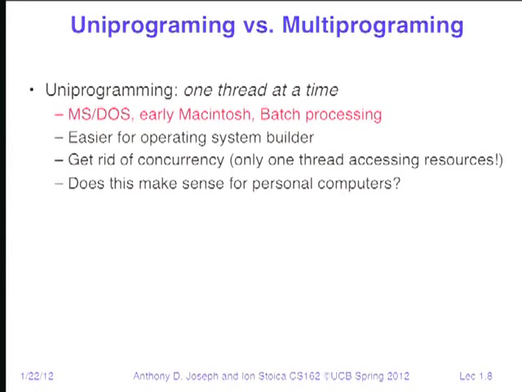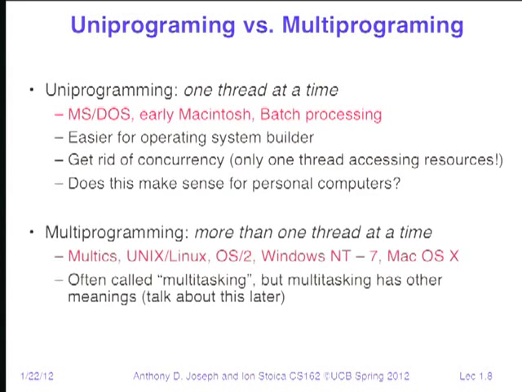Now again, when the hardware is really expensive, it does make sense to optimize around the hardware and what the hardware is doing. But when the hardware is cheap, we want to optimize around the person and making them more efficient. So this is where multiprogramming comes in. In multiprogramming, we can run more than one thread at a given time. The first big example in the mainframe world was Multics.